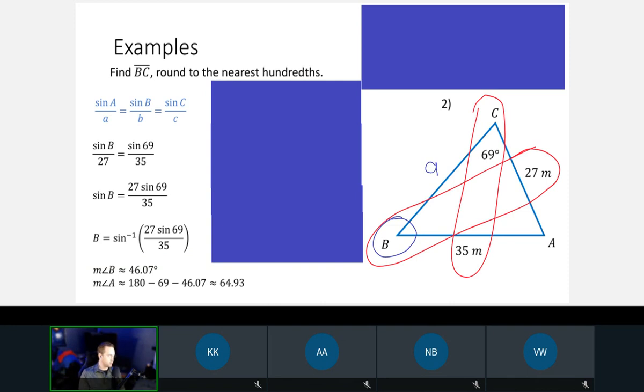Then once you know angle B, you do 180 minus those two angles to find your angle A. So I'm going to write angle A in there, which is 64.93 degrees, rounded.